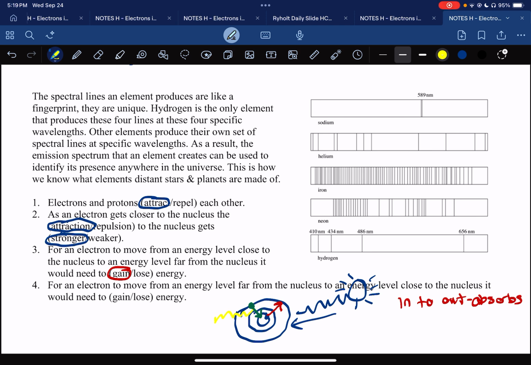And when it left, it was usually in the form of light. So we need to lose energy if we're moving from high to low. Out to in is going to be losing.